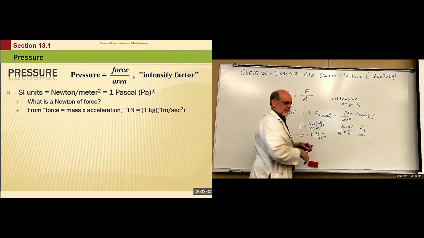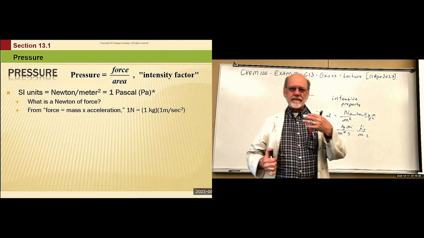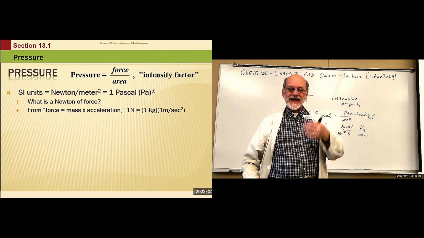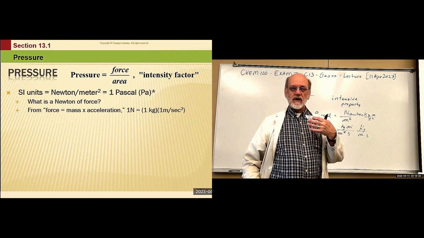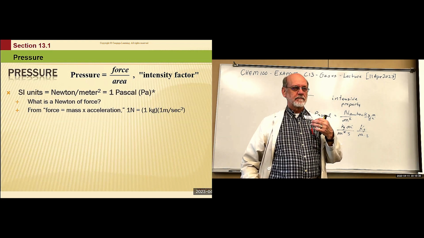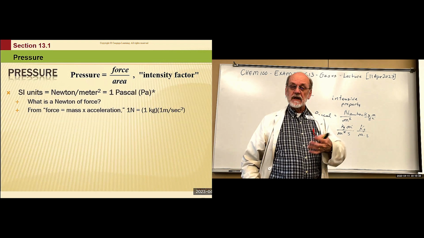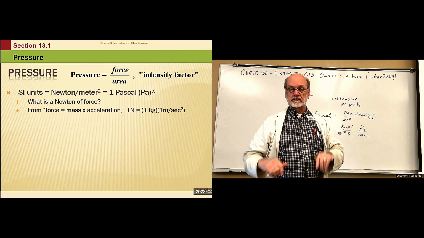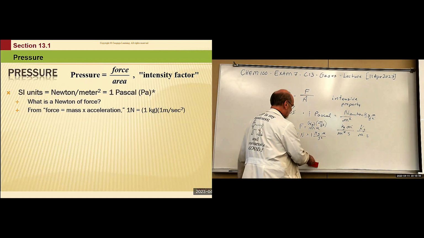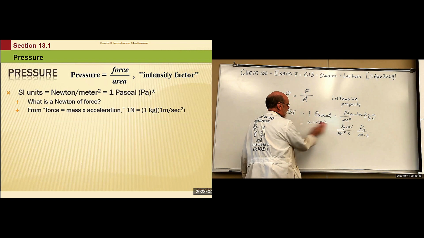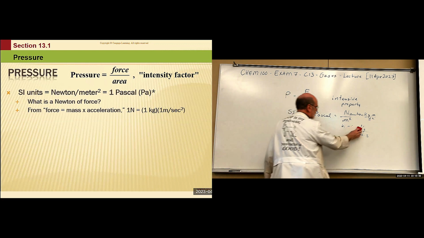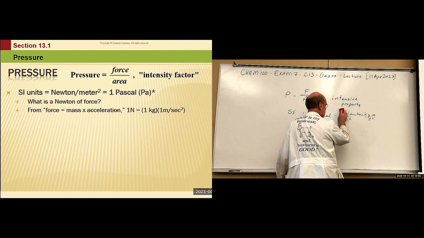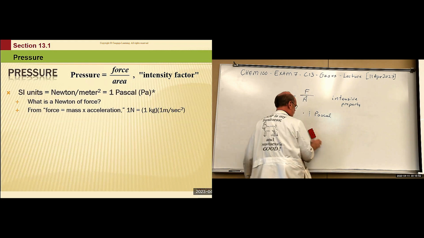Okay, so the point I'm trying to make is that these SI units are adopted in such a way that they are interchangeable. All right, that's enough to talk about that. So this is the fundamental unit. I mean the standard unit of pressure is a Pascal.